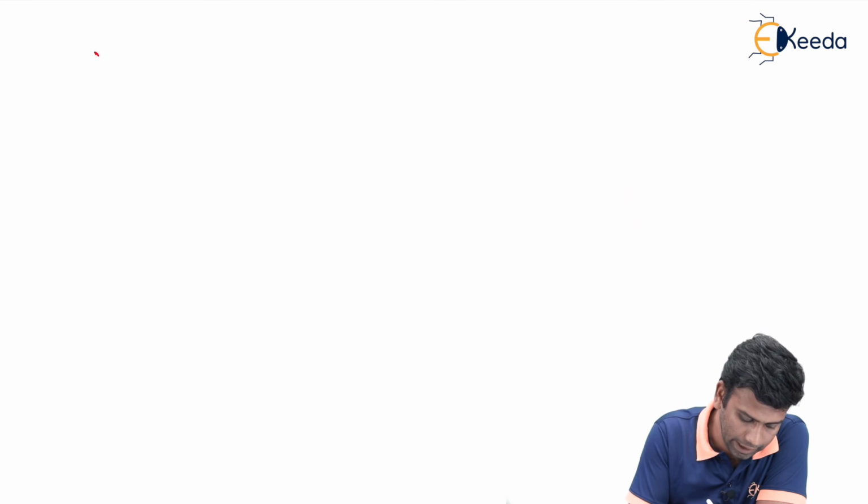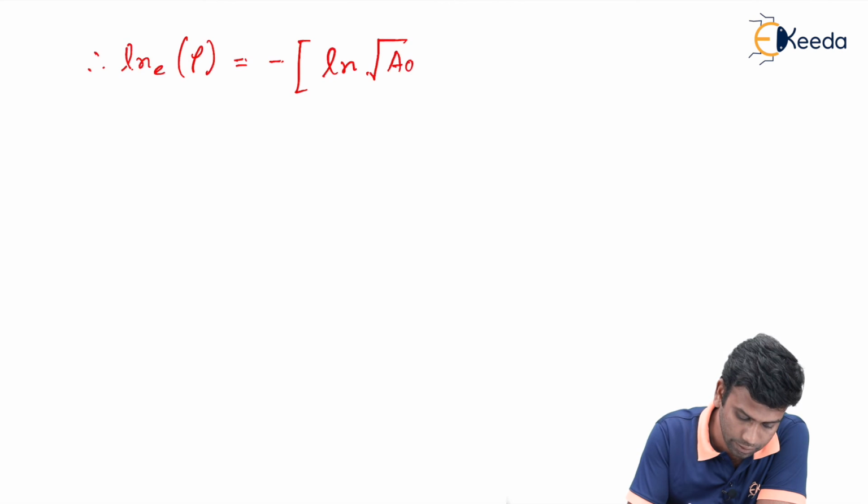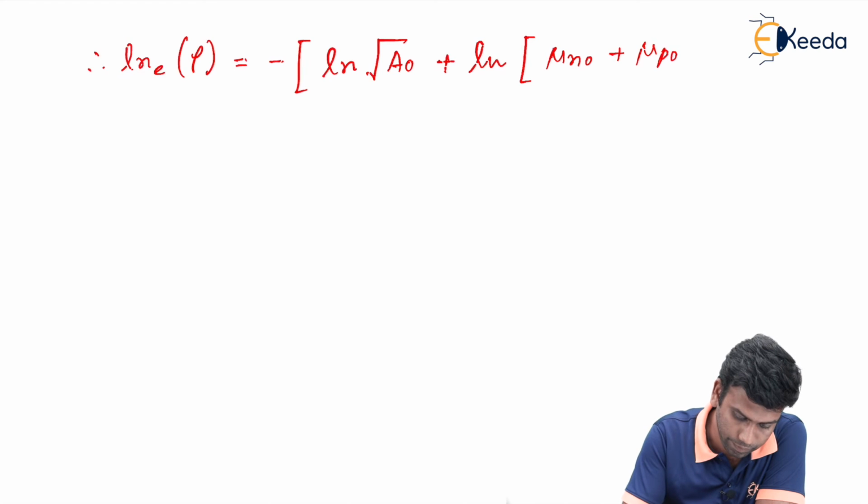After taking ln of rho, we find that it will be minus ln root over A0 plus ln (mu n0 plus mu p0) into q, plus Eg0 divided by 2kT.